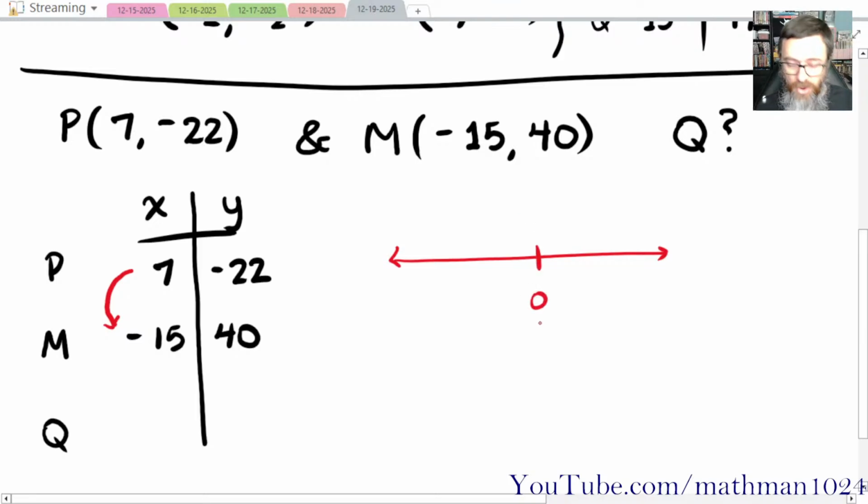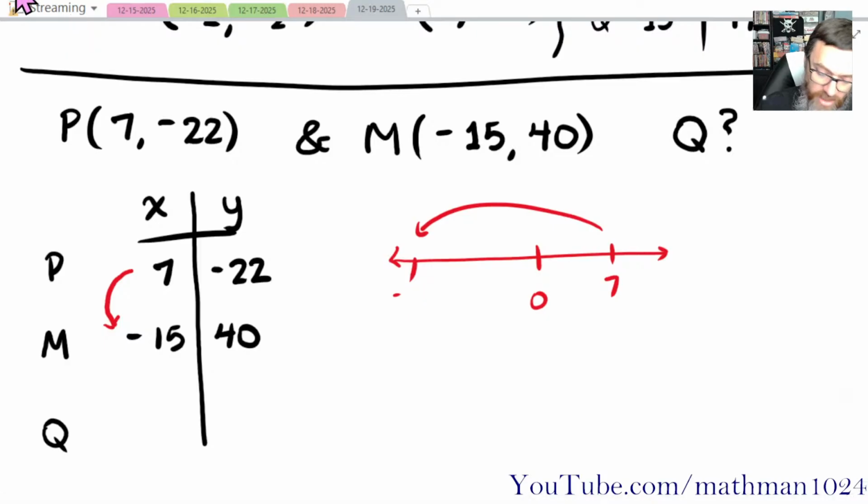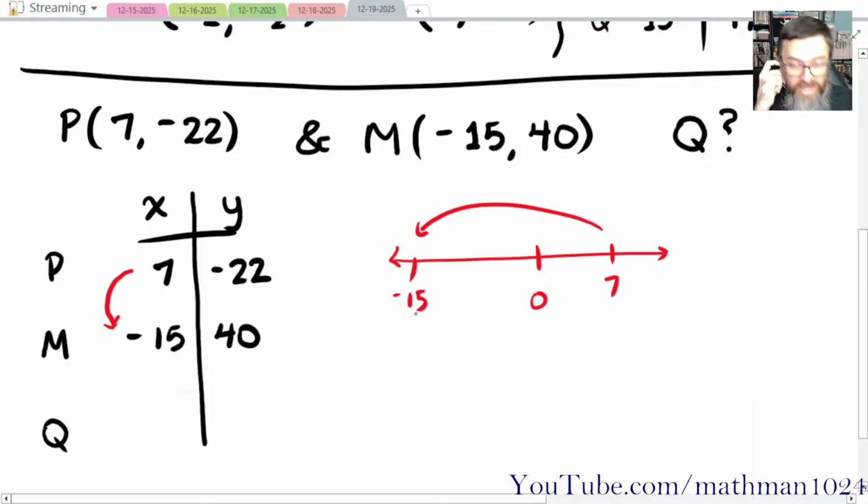So here's 0. You're at 7, and you want to go all the way back over here to negative 15. Well, how do we do that? You have to first go 7 units back to get to 0, and you have to go another 15 units to the left to get to negative 15.